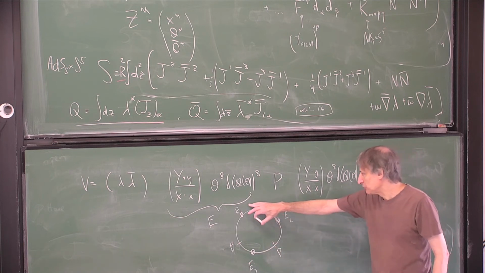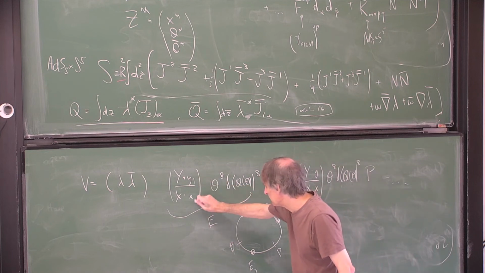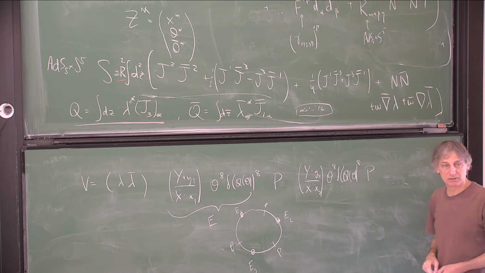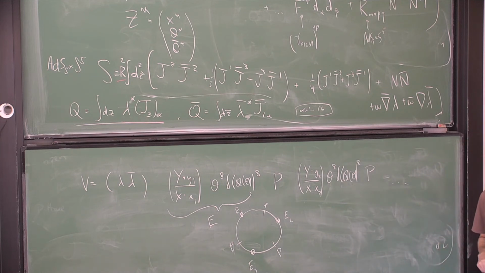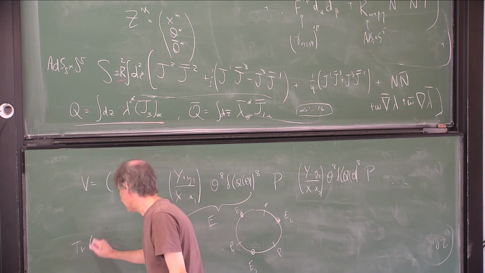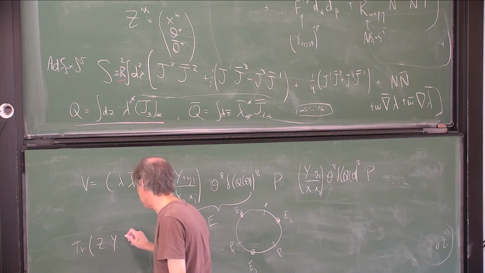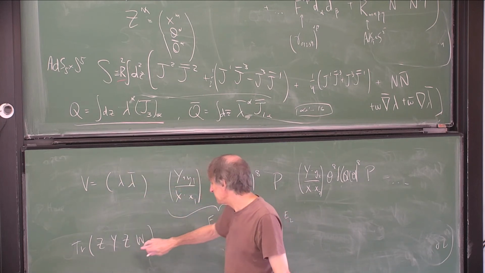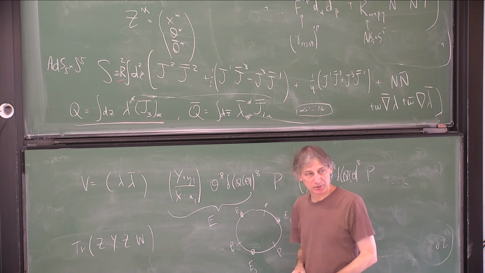So now will you choose these y's to be different? Now this is, of course, no longer half BPS. The choice of the y's also determines how you break the PSU(2,2|4) into PSU(1,1|2) squared. Each choice of the small y's tells you which state. So if you were doing the trace of Z, Y, Z, W, for example, if they were all Z's, then all the y's and x's would be the same.